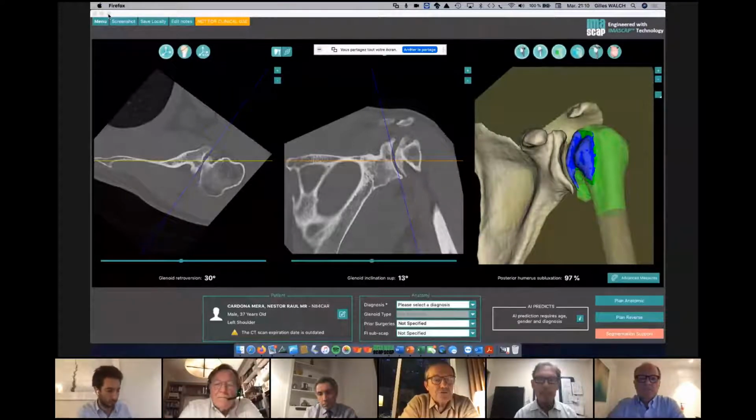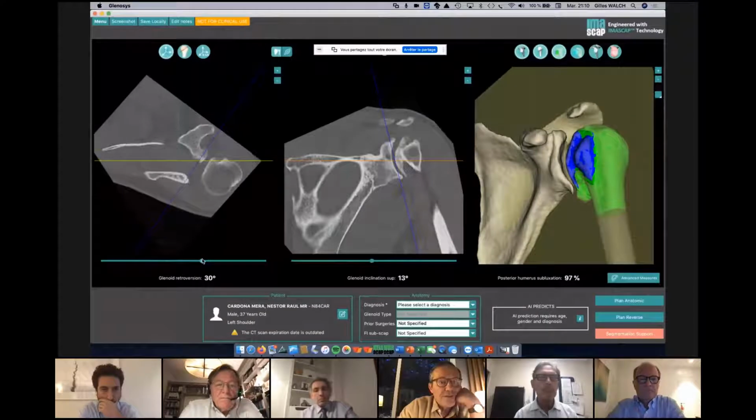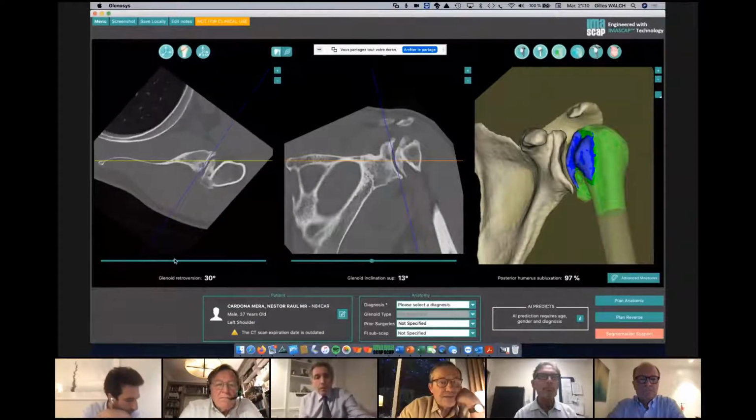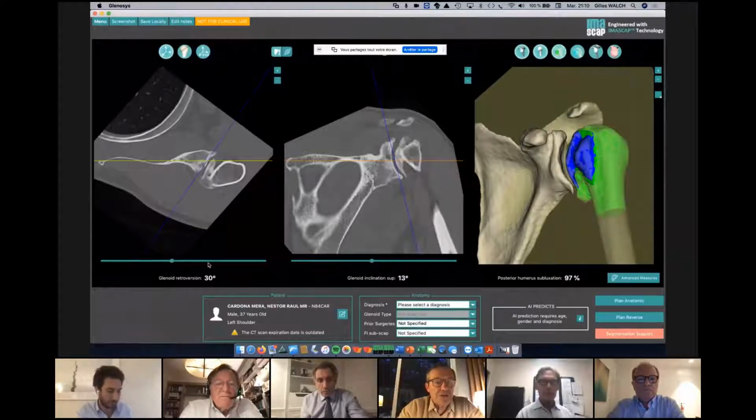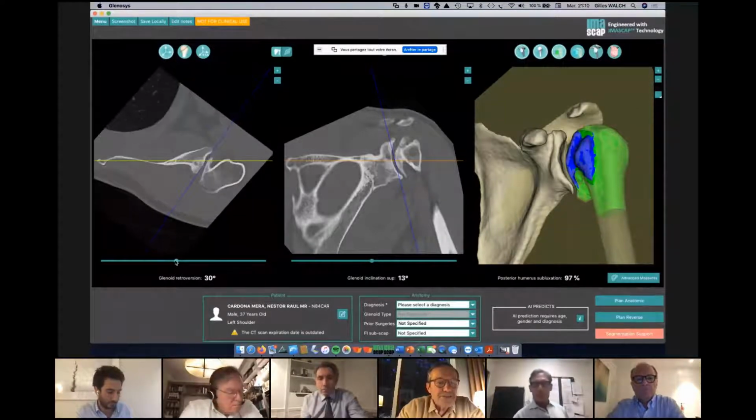So here you see on the left part of the screen a standard 2D CT scan reformatted to be perpendicular to the scapular plane, showing 30 degrees retroversion and probably sequela of this posterior fracture.